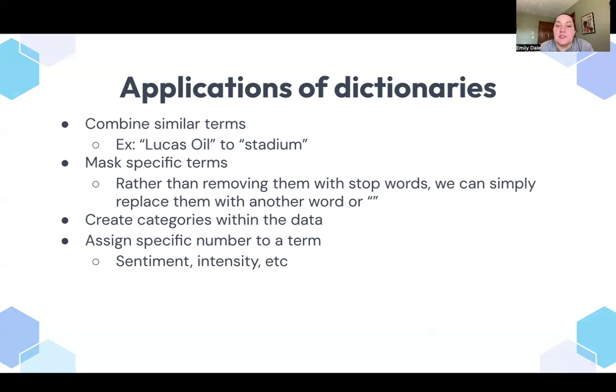Another use is assigning a specific number to a term. This is where we get into sentiment. Some sentiment analysis methods use more AI, more data-driven methods to say this is positive or negative. One of the ones I'm going to show you is the HL sentiment, and I always forget what it stands for, but it actually has a literal dictionary of all of the positive words and how positive they are, and all the negative words.